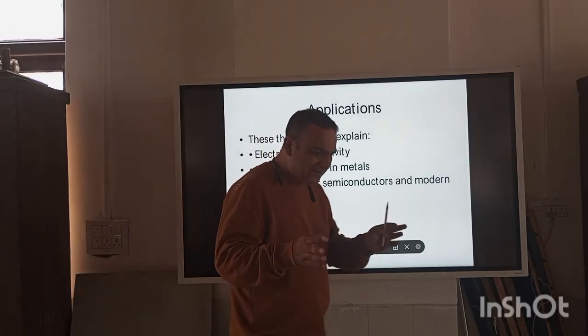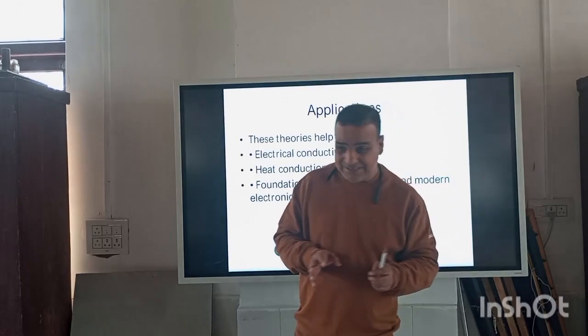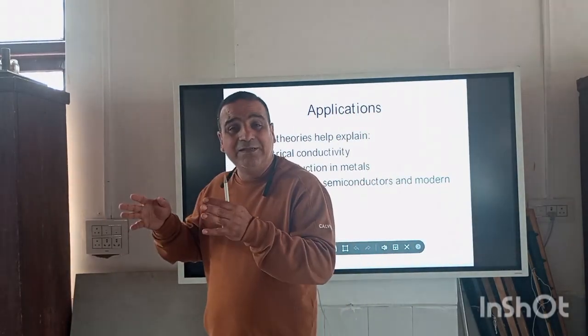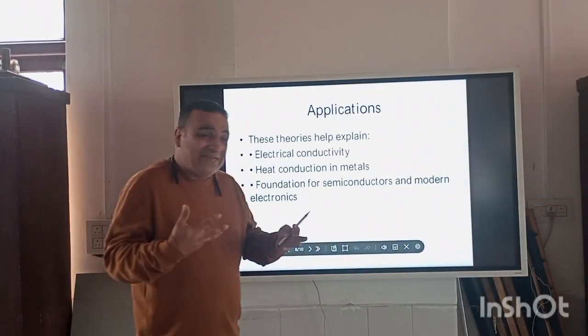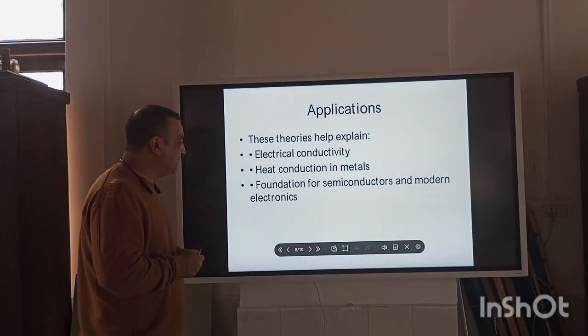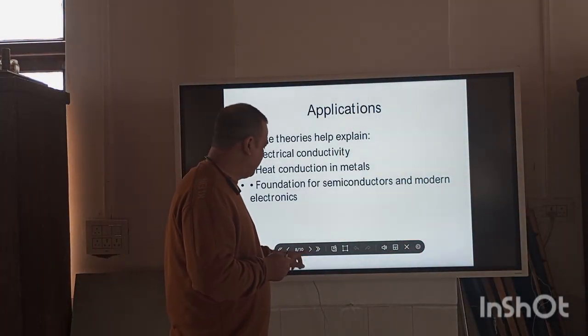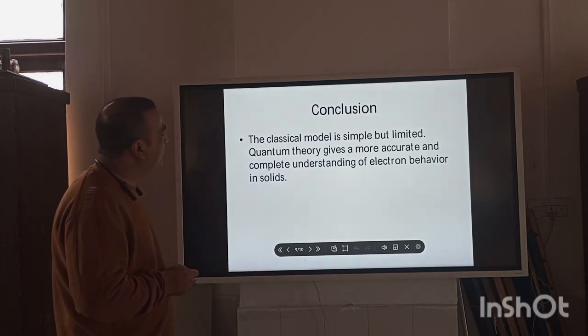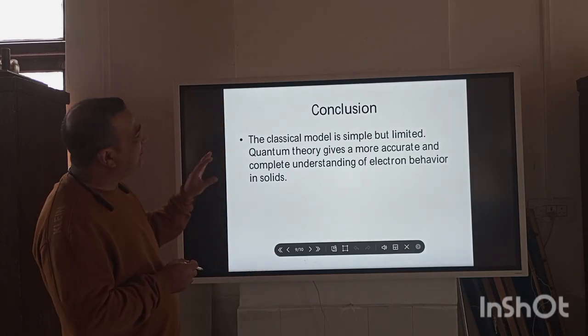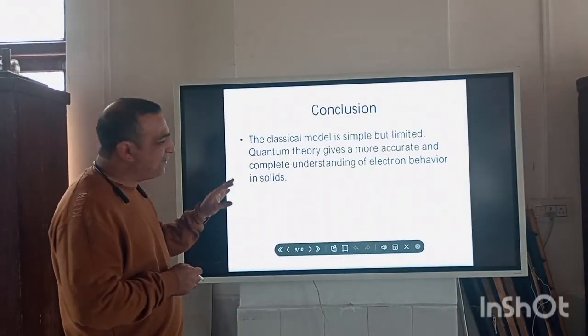So these models, which we will describe in their formal theoretical mathematical form, certainly explain these important properties of metals. To conclude this introduction, the classical model is simple, but it has limited applications.